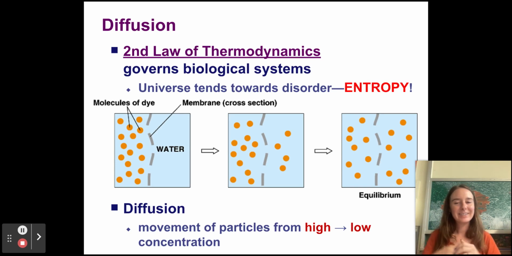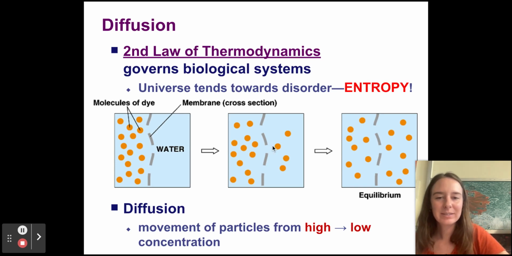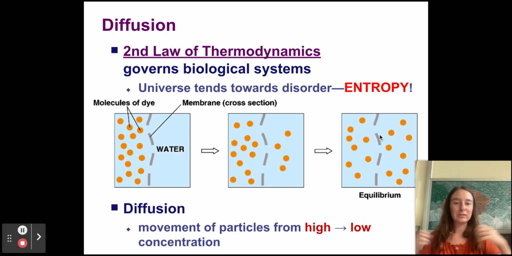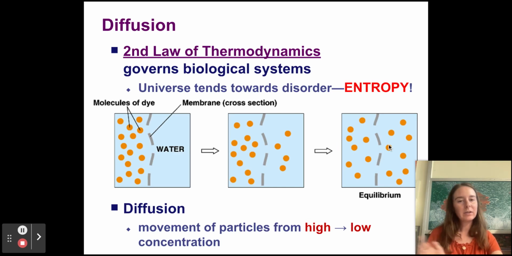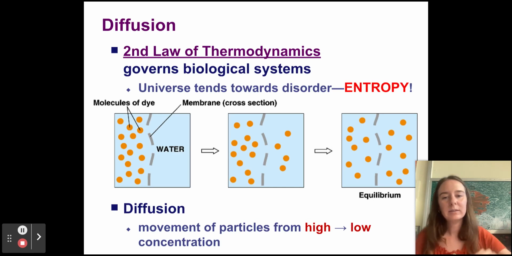But the universe tends towards disorder, so it will become more disorderly. And notice how the molecules of dye will actually end up at equilibrium, meaning equal amounts on both sides. Even though the molecules are still going back and forth, they will tend towards equilibrium.